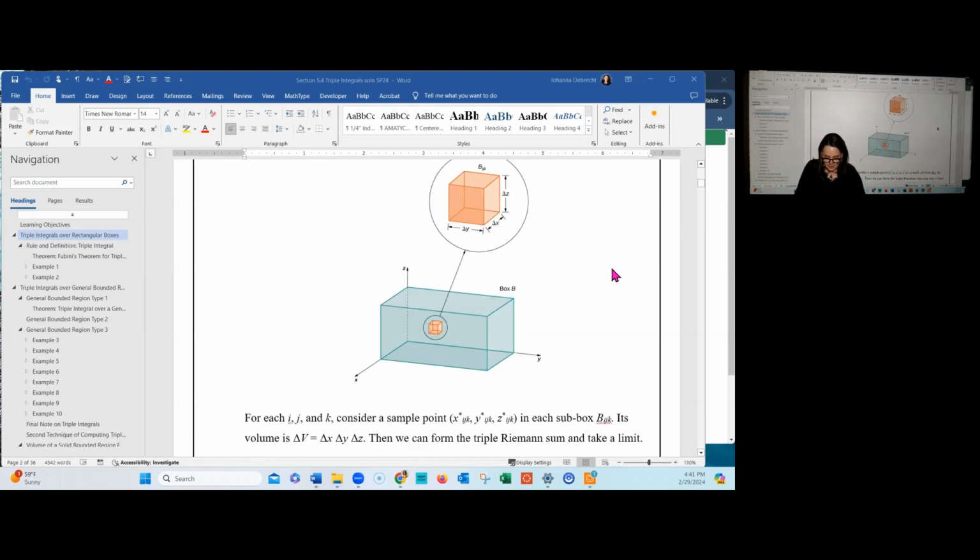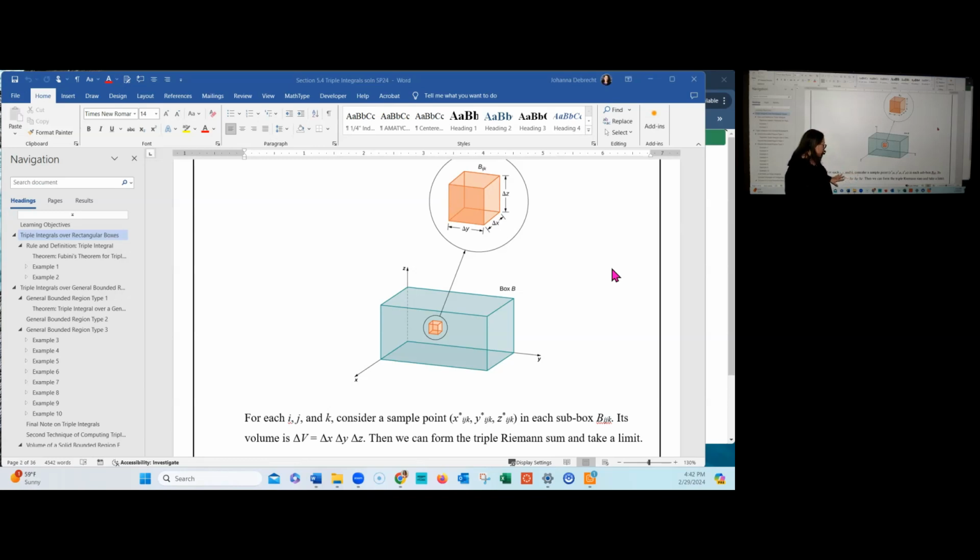We're going to do the same thing we did in the case of a double integral. We're going to take a sample point inside this box. Now, when we did this in double integrals, of course, we were in the plane. So we took a sample point from our rectangular shape.